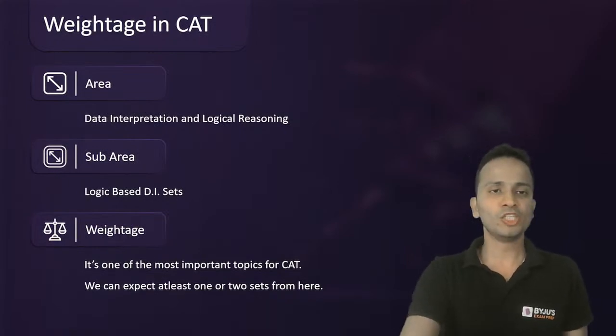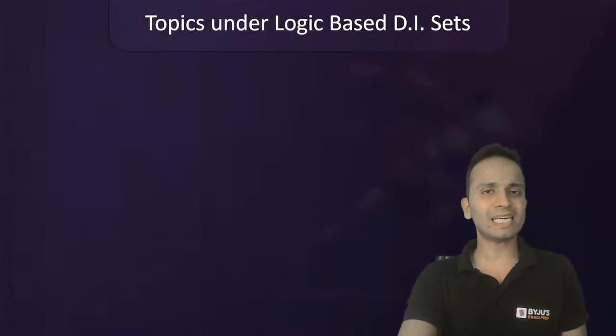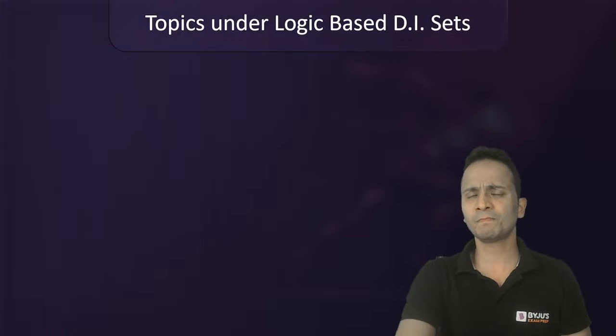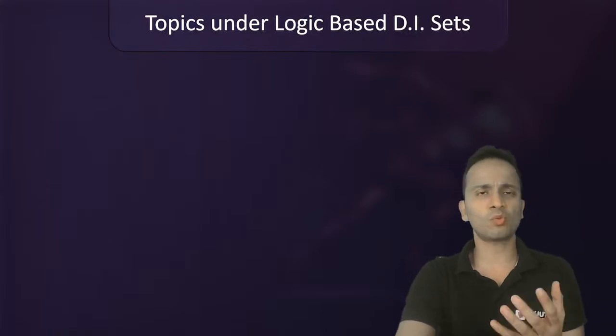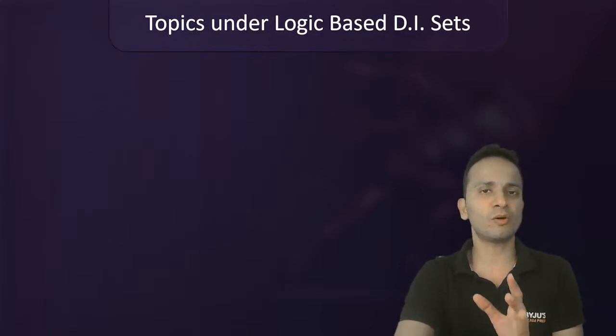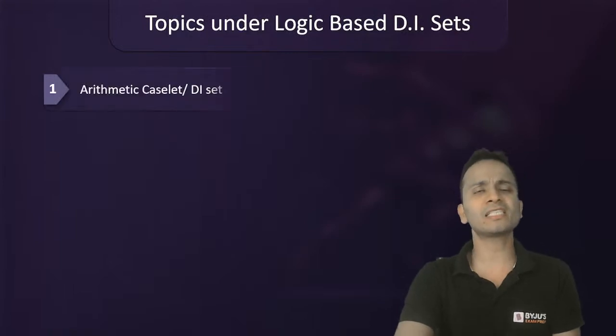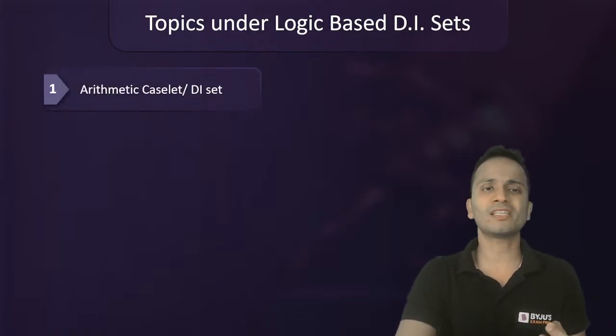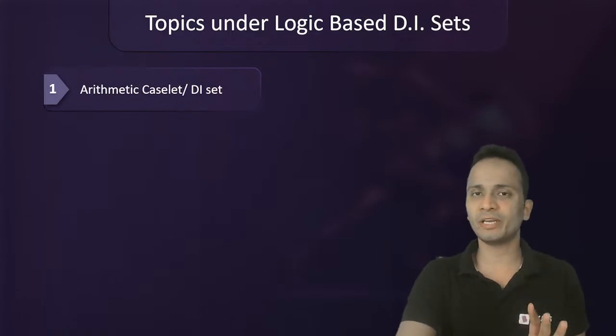All right. So these are the different topics that can be covered under logic-based DI. In the last few years, we have noticed that almost every year at least one set comes from logic-based DI, and it has come from these areas. Number one is arithmetic caselets or data interpretation sets, where the logics of arithmetic have been used.